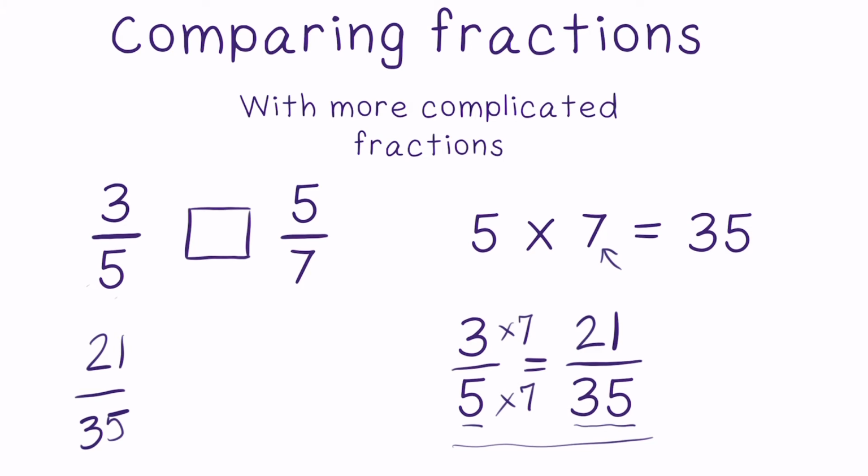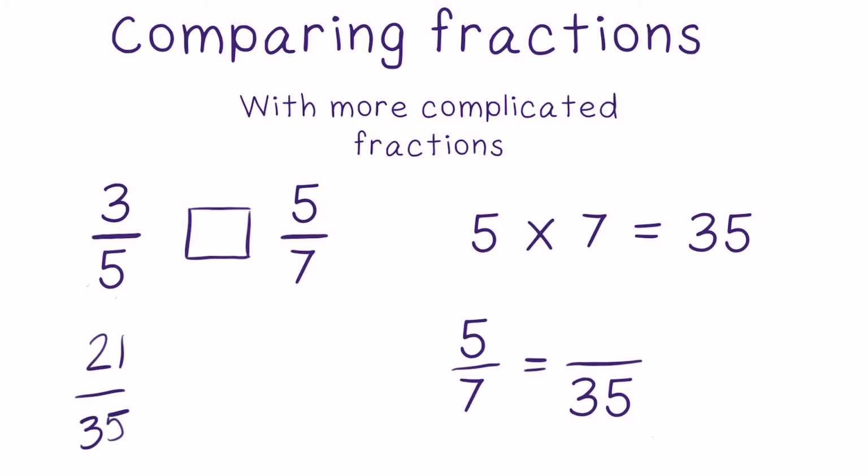Excellent. Now that we've determined the equivalent fraction for 3/5 to be 21/35, we next have to find the equivalent fraction for 5/7. So we know that in order to reach the denominator of 35ths, we multiplied the 7 in the original denominator times 5 from our equation up here.